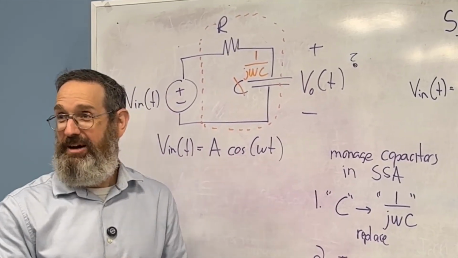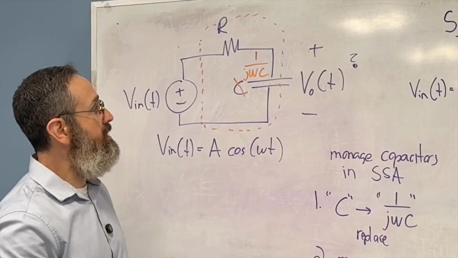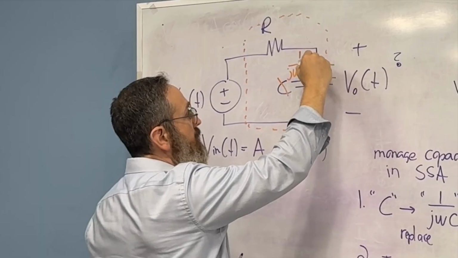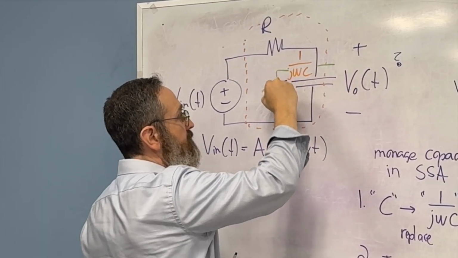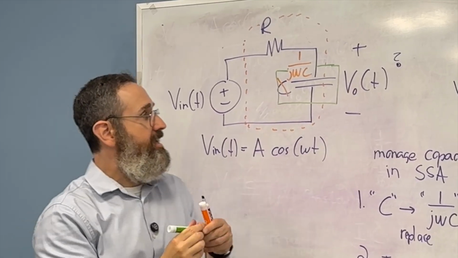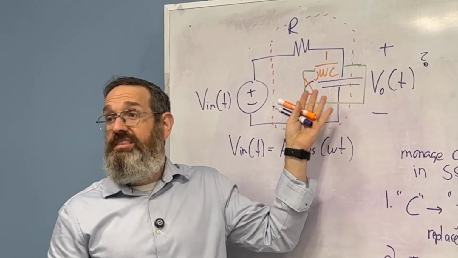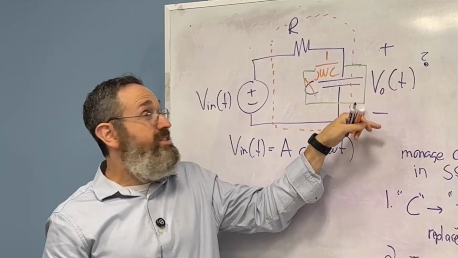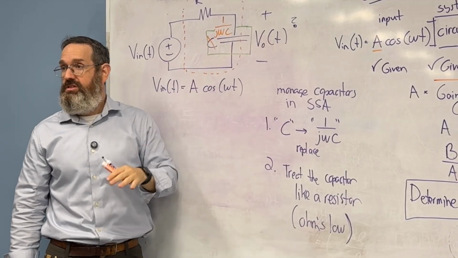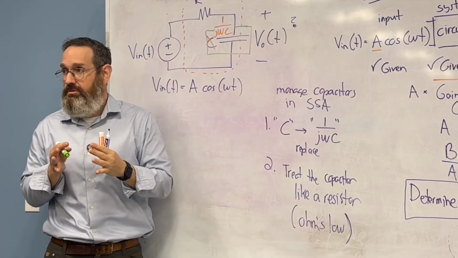Great, we only have one more step. Step number 2 is to treat it like a resistor. What I mean by that is, if it helps you, draw a square around it and say that this square is a resistor and its resistance is 1 over JWC.